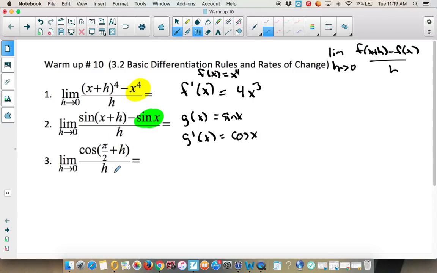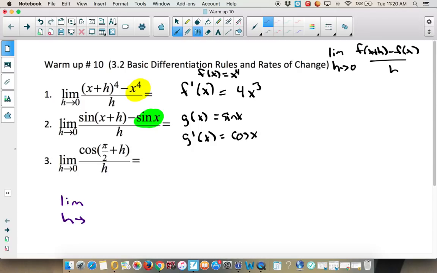All right, this one is a little more complicated because you don't see the complete limit language. You're missing this minus f of x, and you've also got, instead of x, you've got a pi over 2. This one is a little sneakier. It's actually asking you to take the derivative and evaluate it at a point. So I'm going to kind of change it up a little bit.